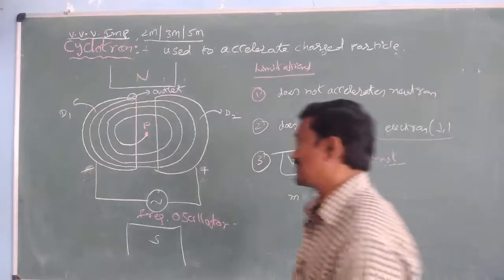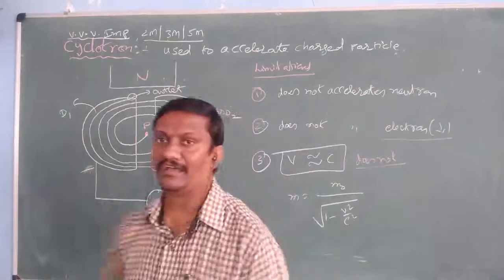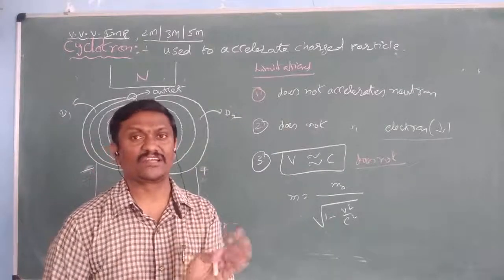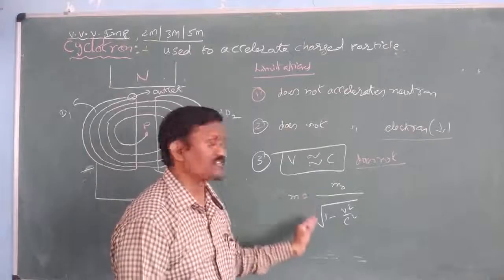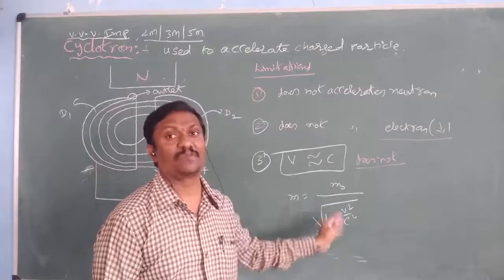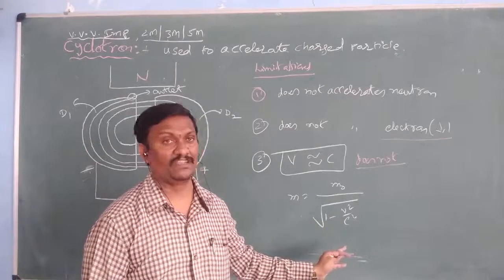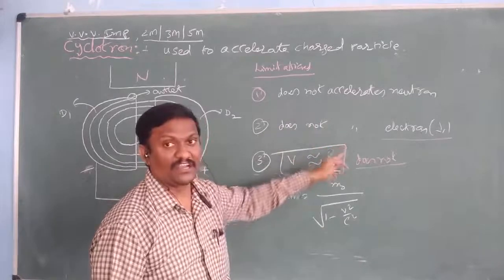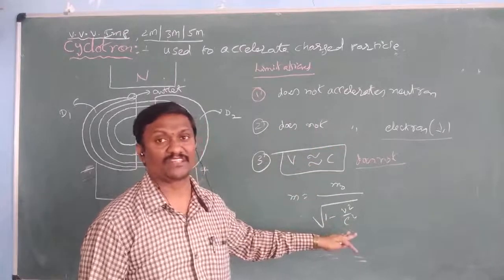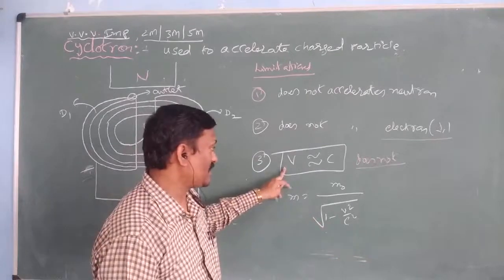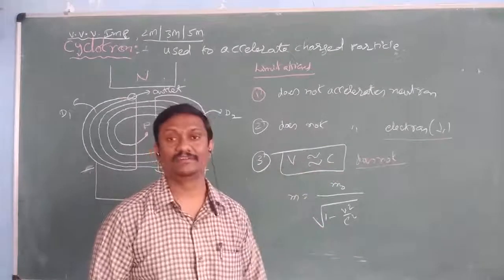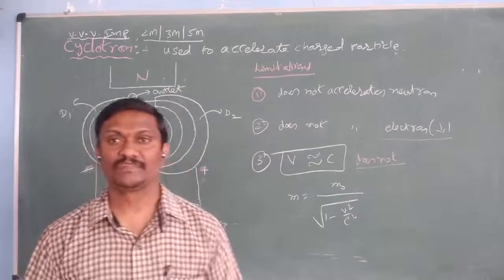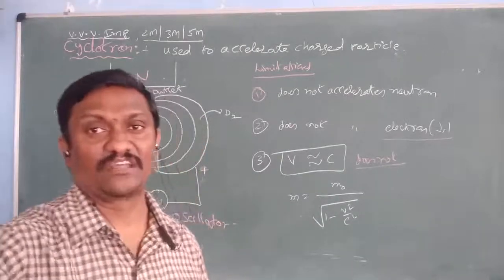So the cyclotron does not obey Einstein's relativistic mass theory. It does not accelerate neutrons or electrons, and particles with velocity comparable to light cannot be accelerated. So that is about the limitations of cyclotrons.